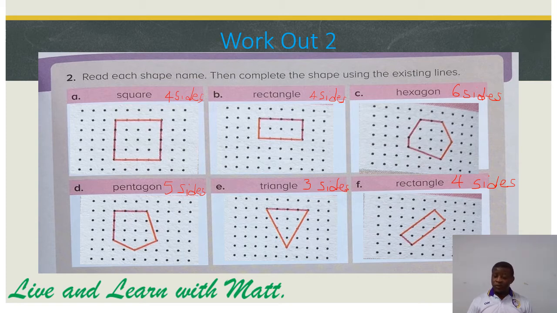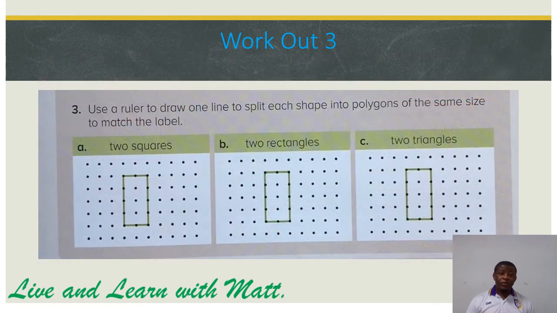Now let's go to number 3. Use a ruler to draw one line to split each shape into polygons of the same size to match the label.